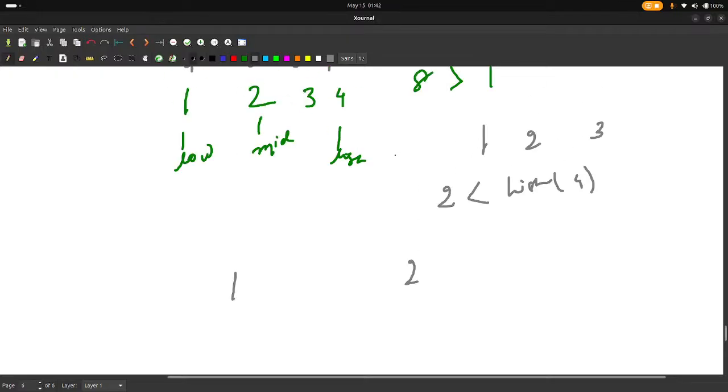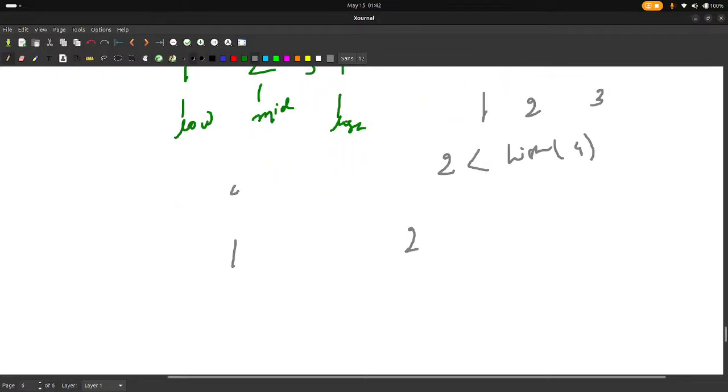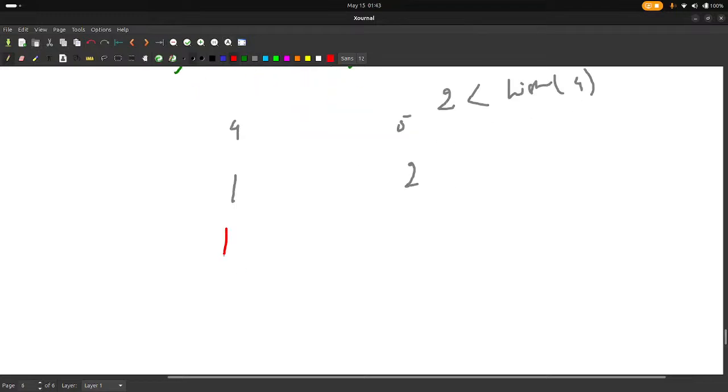So now I will have 1 and 2, and the indices are 4 and 5. So 4 plus 5 by 2, 9 by 2 is 4. This is my low, my mid, my high.